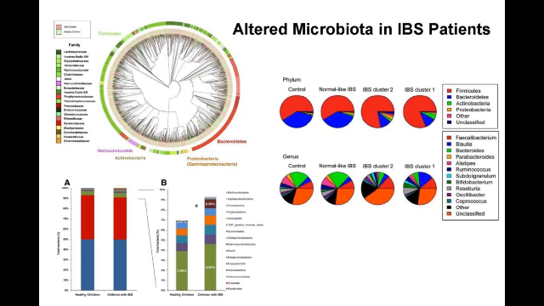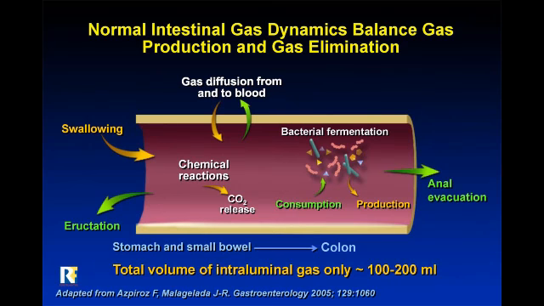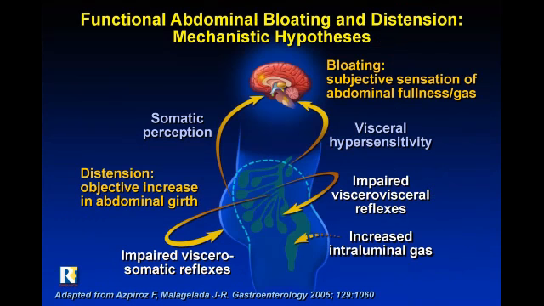But we know bacteria play a role in generating gas, and some of the medications we use help to change that dysbiosis, but abdominal bloating doesn't just have to do with bacteria. It also has to do with the fact that we sense what's going on in the gut more. We feel that it's bloating. We have contraction of our diaphragm, relaxation of the abdominal wall muscle, and then we get distension.